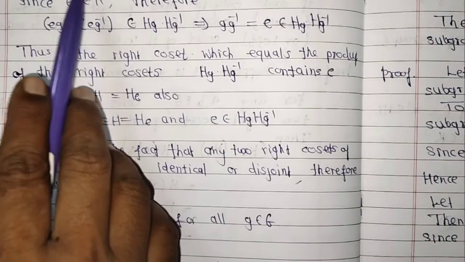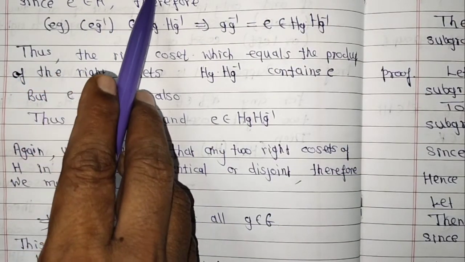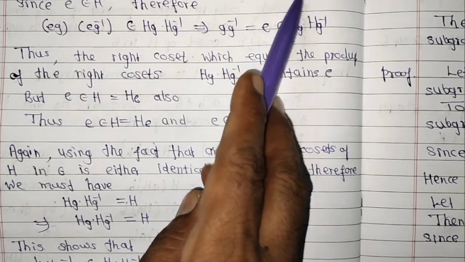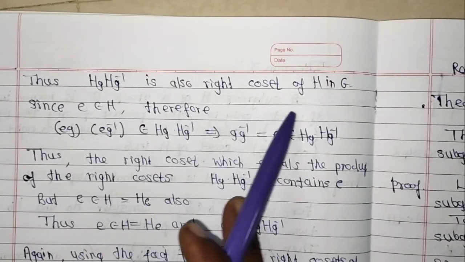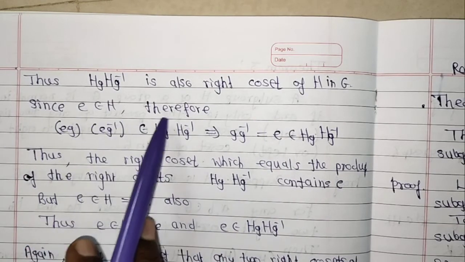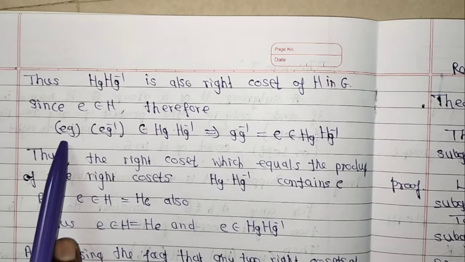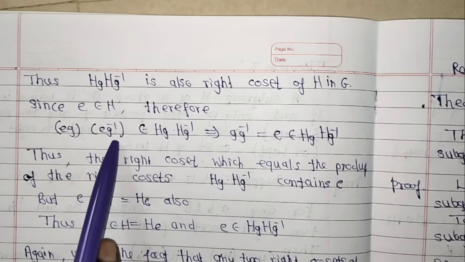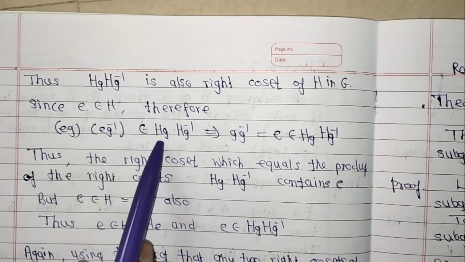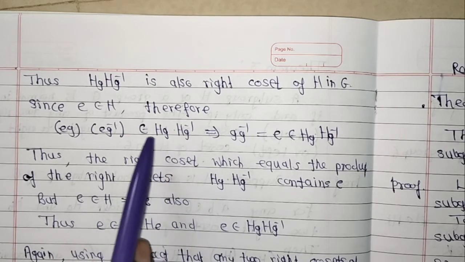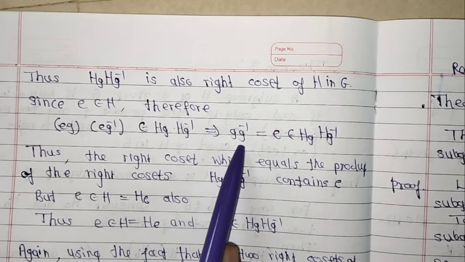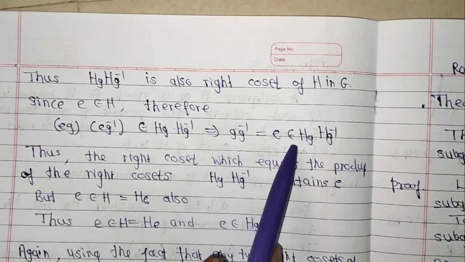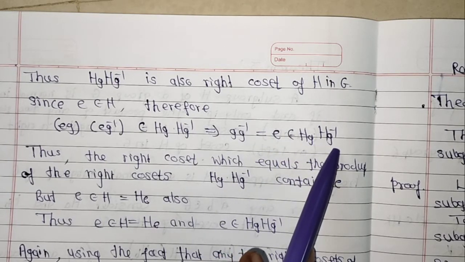Thus, Hg into Hg inverse is also a right coset of H in G. Since e belongs to H, (eg)(eg inverse) belongs to Hg into Hg inverse, since e belongs to G, and this implies g into g inverse, that means e, belongs to Hg into Hg inverse.